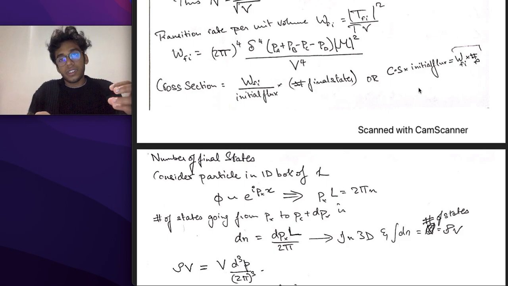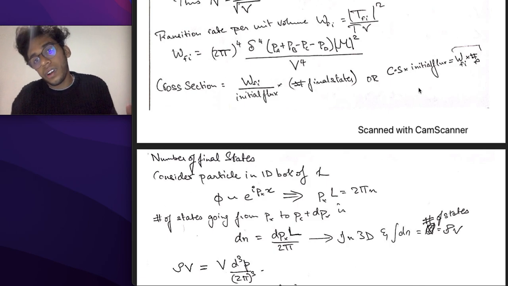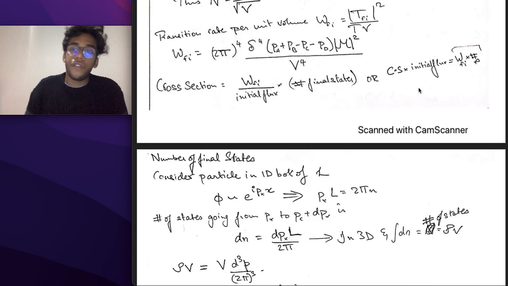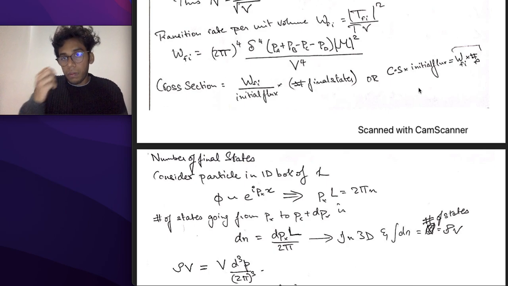So the cross section tells you, given an initial flux, what is the probability for each state, what is the probability amplitude for each state. That's the kind of thing that cross section deals with.